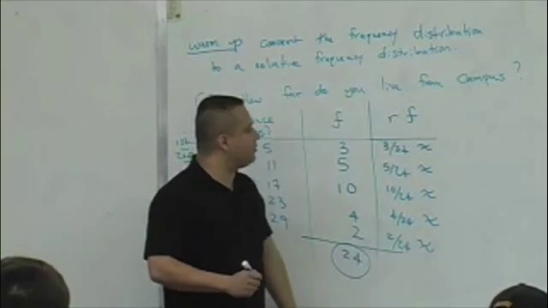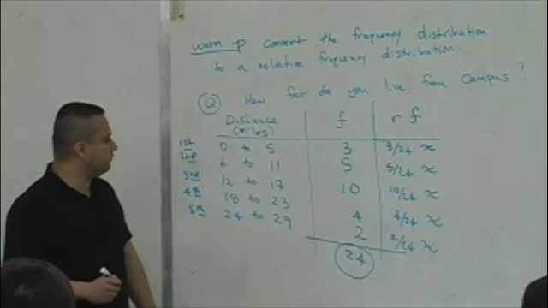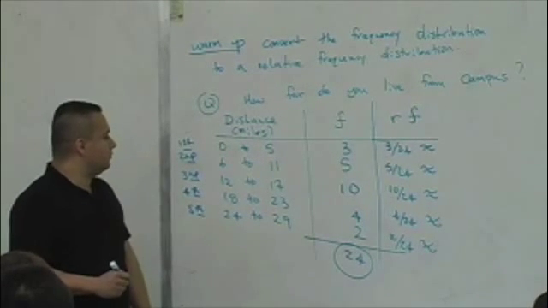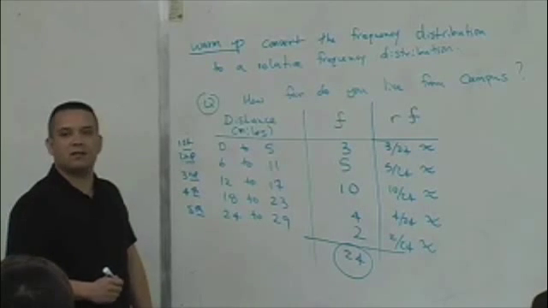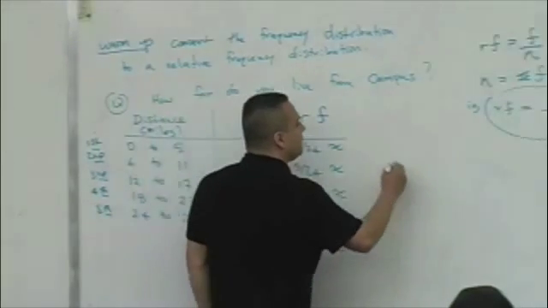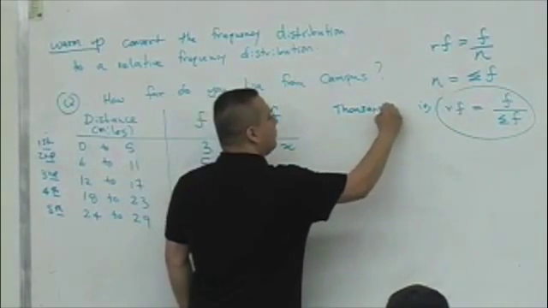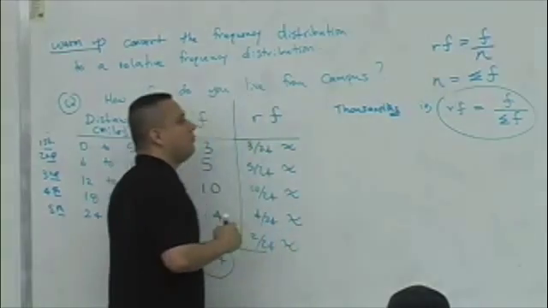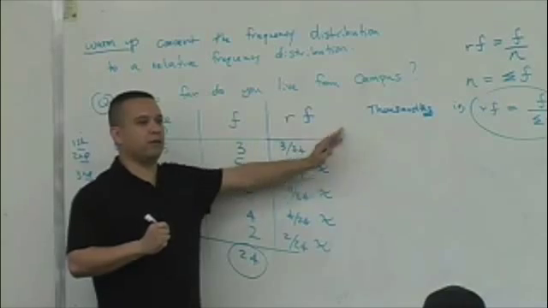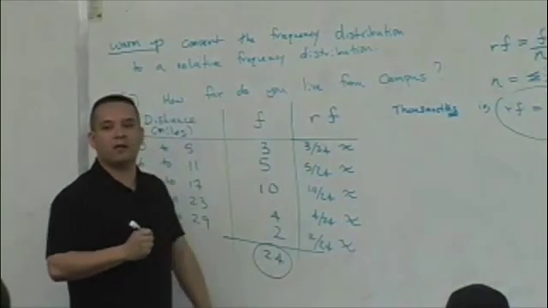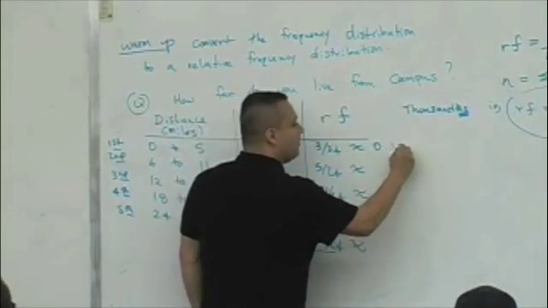There is a way to do this, but I won't go over it at the moment. Or should I? No, we won't go over this at the moment. Let's approximate this to the nearest thousandths. Okay? What does that mean? How many decimals? 3. Good. What's 3 over 24 approximated to the nearest thousandths? 0.125?